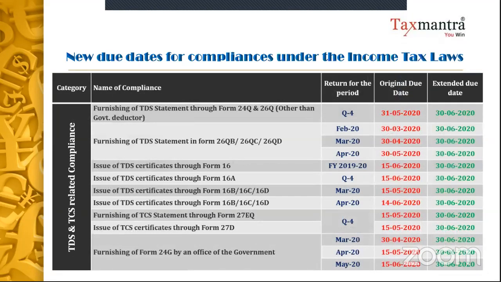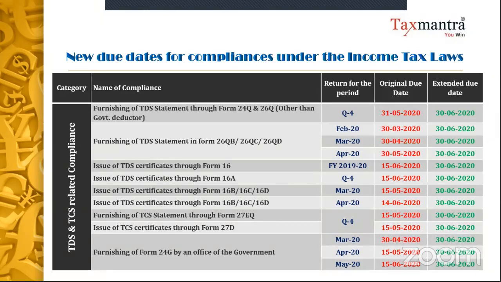Now coming to the TDS and TCS related compliances, there are several due dates. First, TDS filing of the return for the fourth quarter, whether it be salary or other than salary, through Form 24Q and 26Q. The due date for filing of TDS return earlier was 31st May 2020, which has been extended to 30th June 2020.